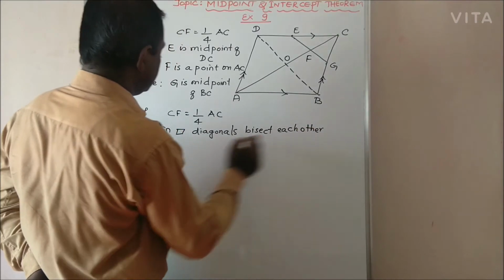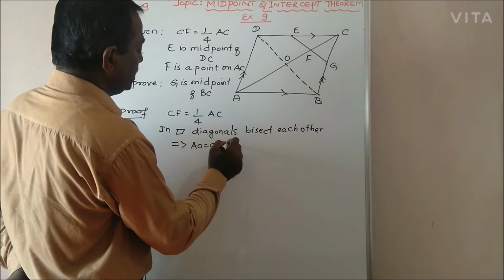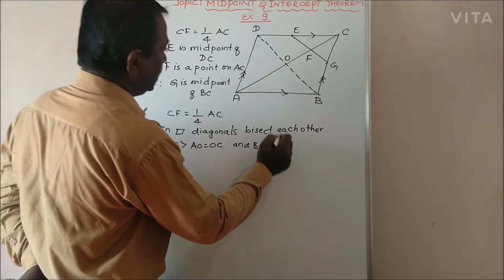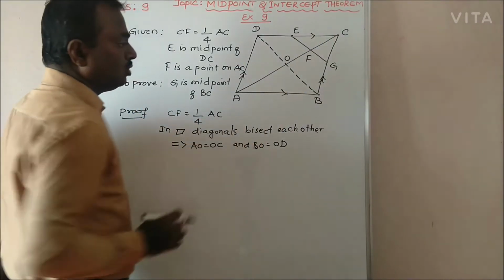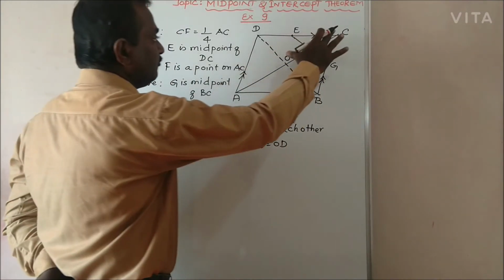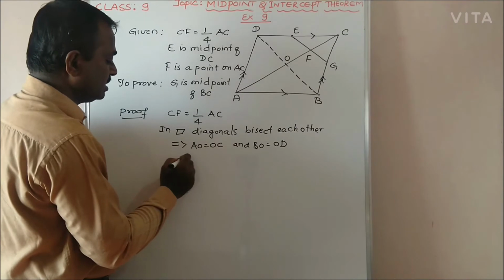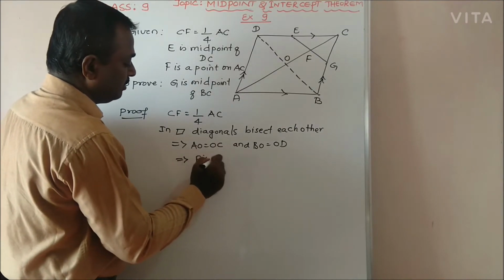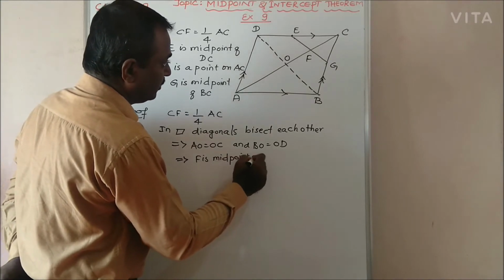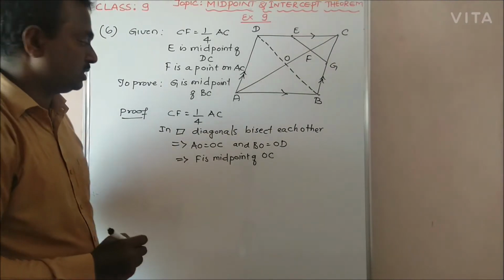This implies AO is equal to OC and BO is equal to OD. They are saying CF is 1 by 4th of AC, meaning 1 by 4th of OC... definitely F is the midpoint of OC. Correct?